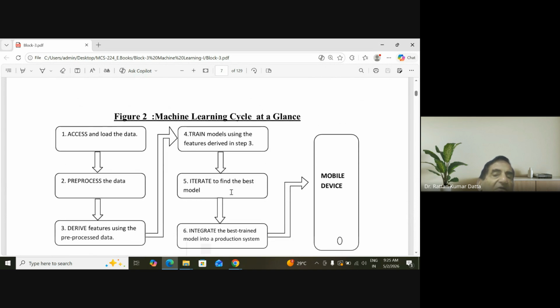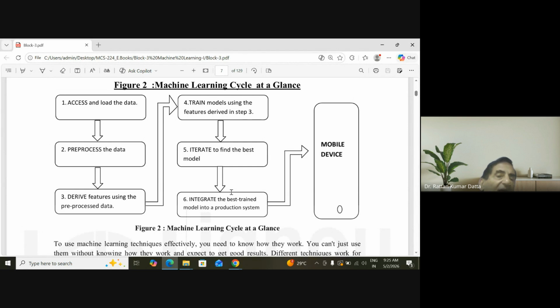So this is the machine learning cycle at a glance. Start with accessing and loading the data, pre-process the data, derive features using the pre-processed data, then train a model using the features derived in step 3. Here, build the model from the data.